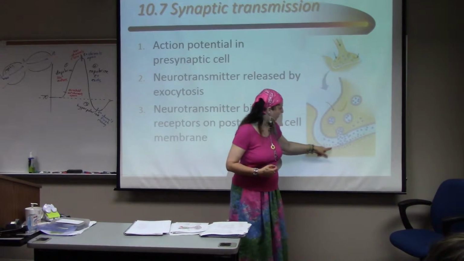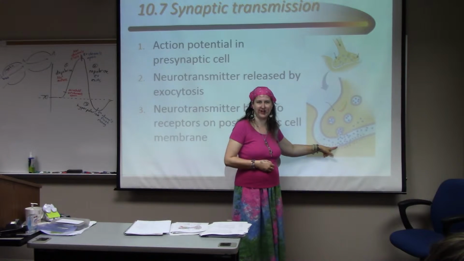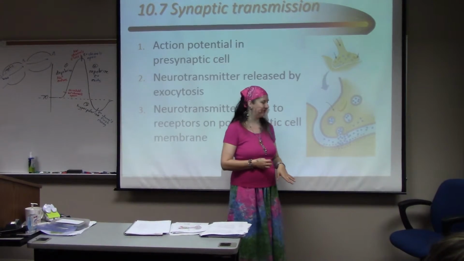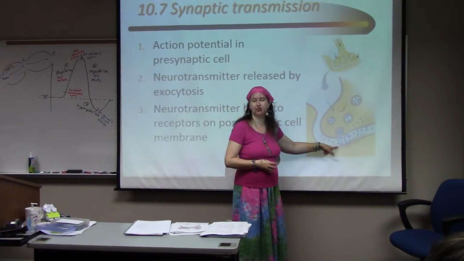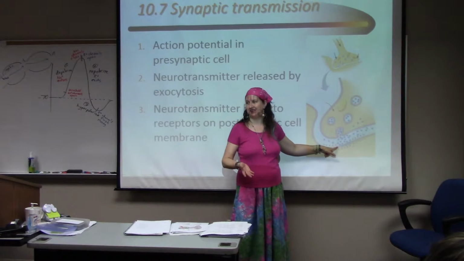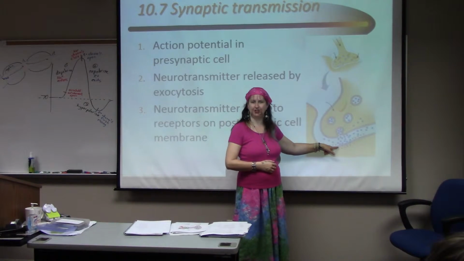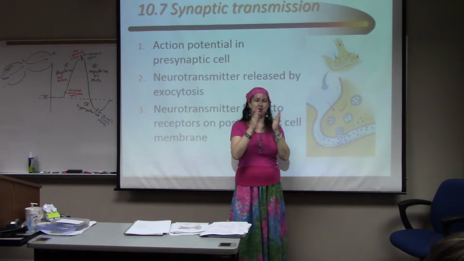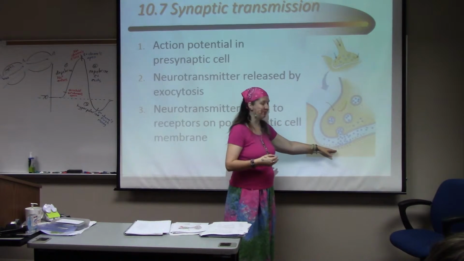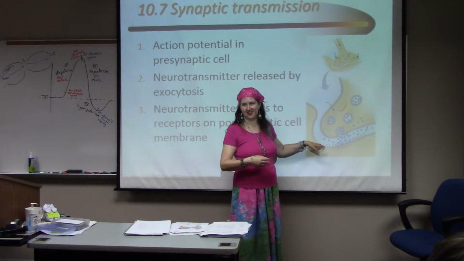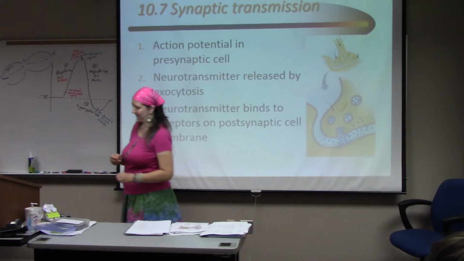then the postsynaptic cell has receptors for it. In the case of the neuromuscular junction, those receptors were actually chemically gated channels. When the acetylcholine binds, they open and let sodium into the muscle cell, which causes it to have an action potential.